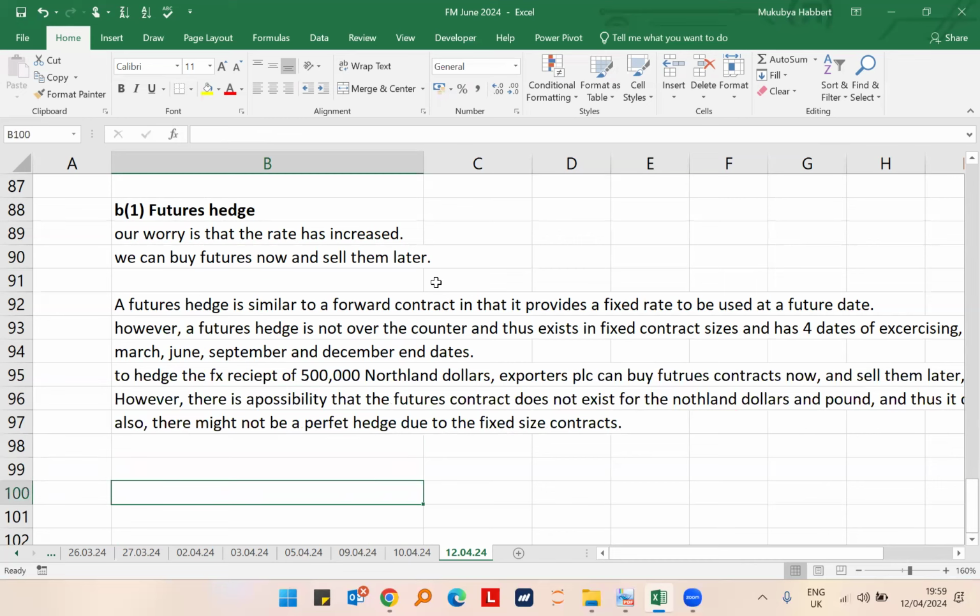So then you can now look at the options.